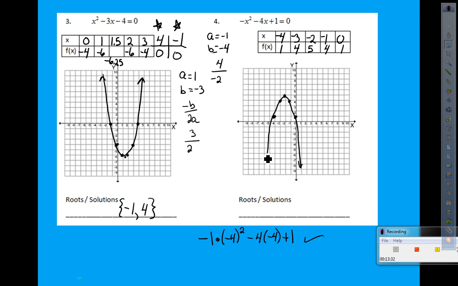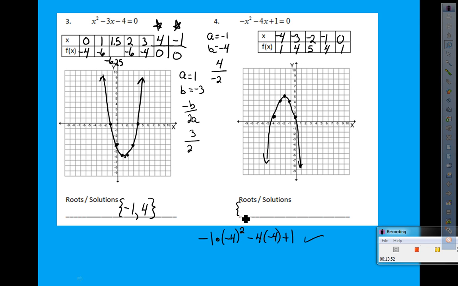When I graph this, it doesn't hit at real great places. I know my answer is not -4 because there is that, and I know it's not 0 because it's above it. So since it went between a couple of numbers, here's what I'm going to do. For my roots, I'm going to put braces. It looks like this answer is between -5 and -4.